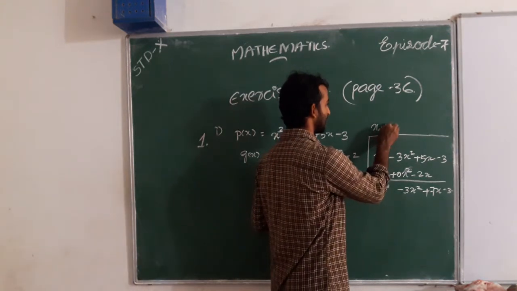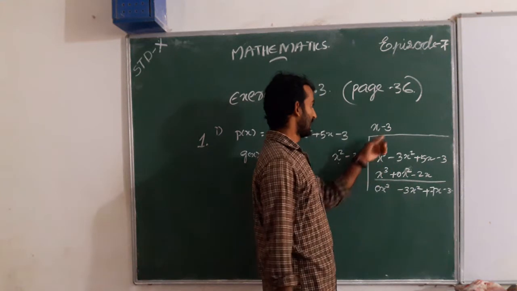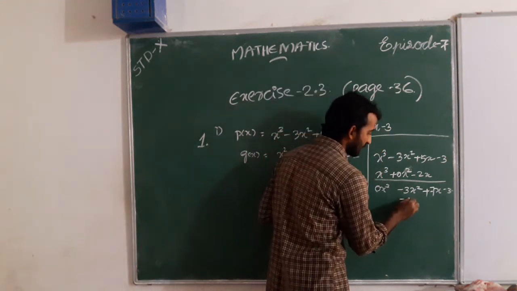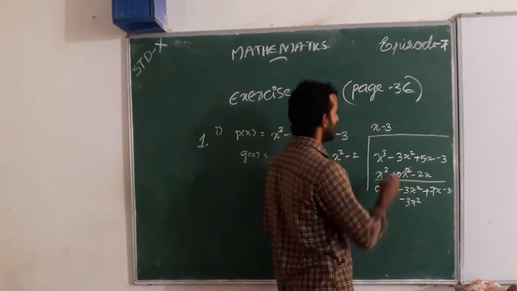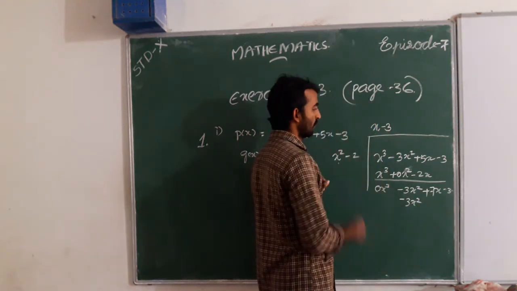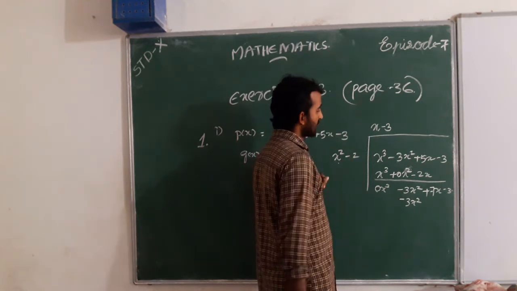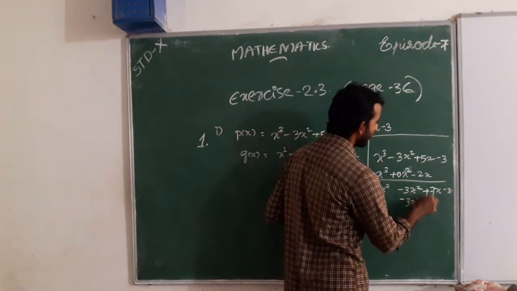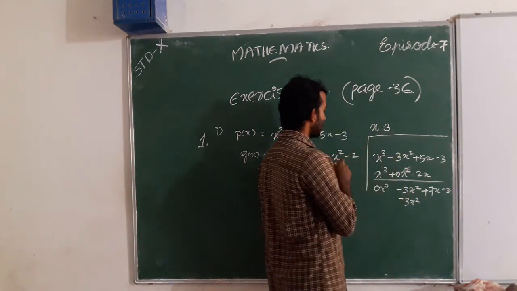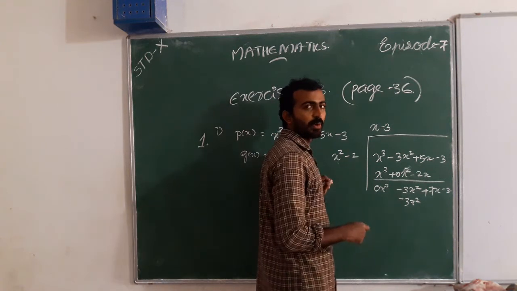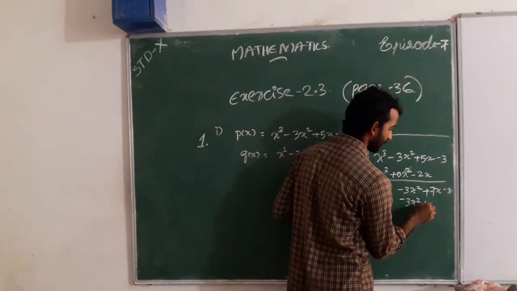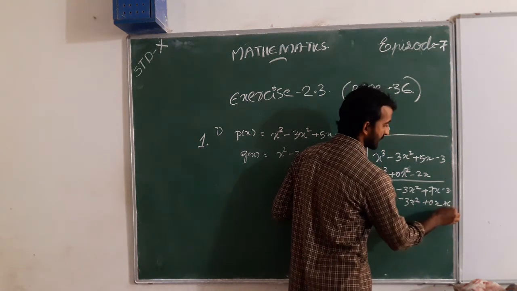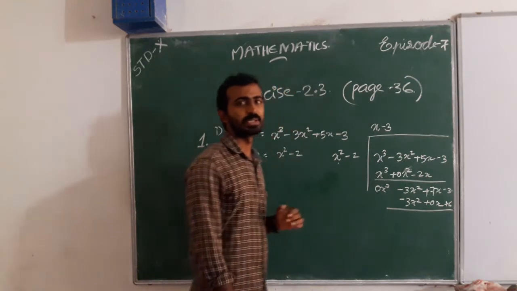Here we take minus 3: minus 3 into x square, we get minus 3x square, and minus 3 into minus 2, we get positive 6. There is no term of x, so we write plus 0x plus 6. Is it right?